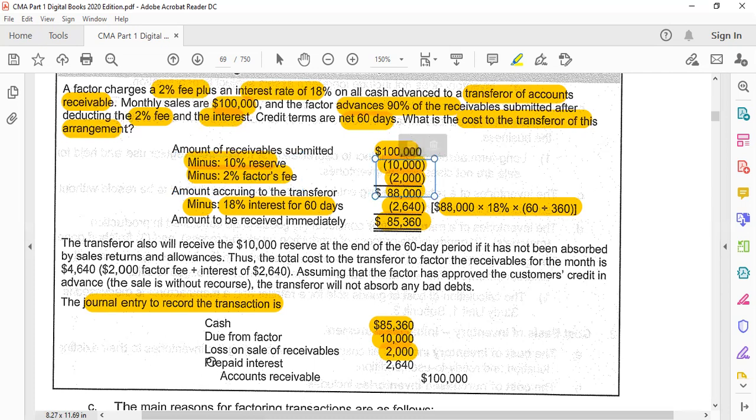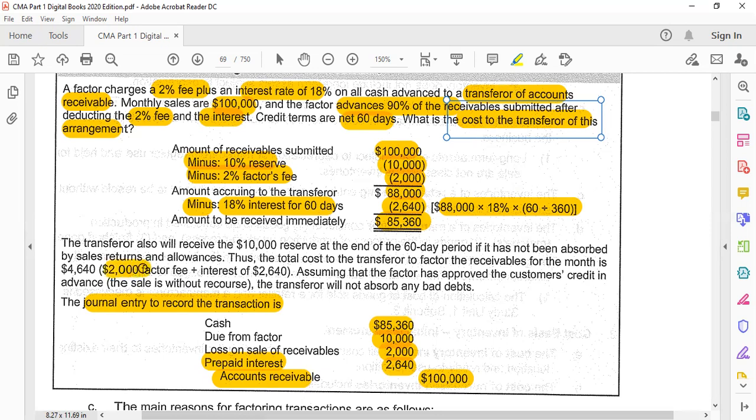Then a debit will go to prepaid interest, because you have paid the interest in advance, so that is called prepaid interest, which you will record here as 2,640. The calculation is above, you can see here. And the credit will go to accounts receivable as 100,000. But our question was, what is the cost to the transferer of this arrangement?